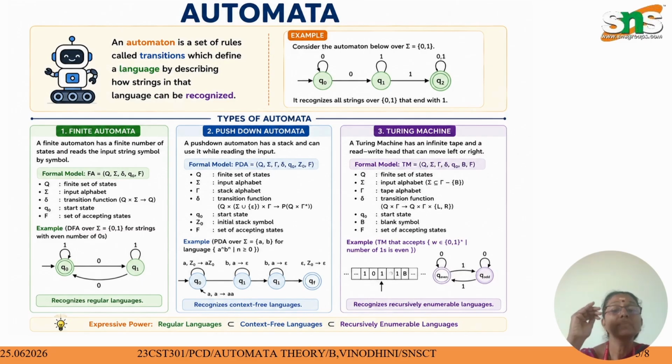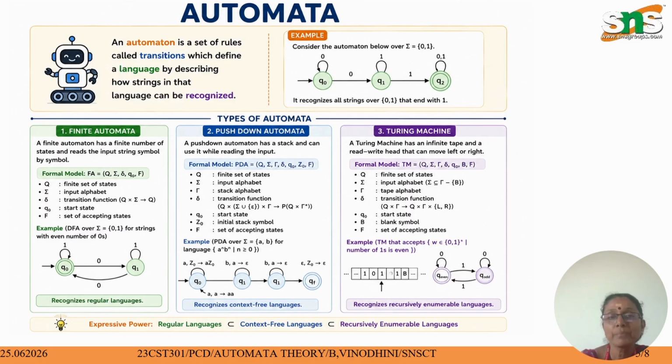For example, consider an automata for the symbols 0 and 1. It is represented by a transition diagram. It contains the start state, the final states, and the set of transitions from the start state to the final states.